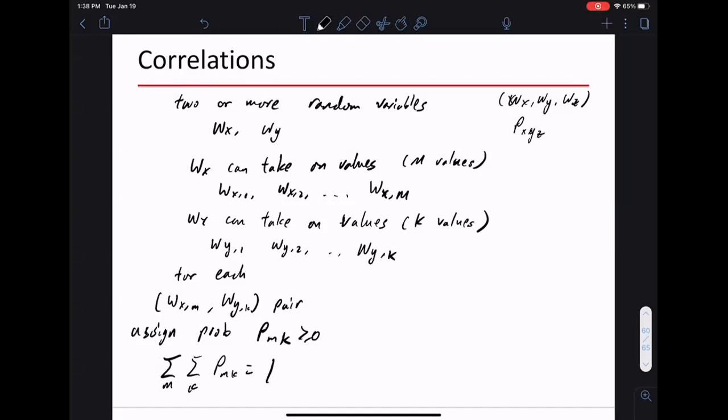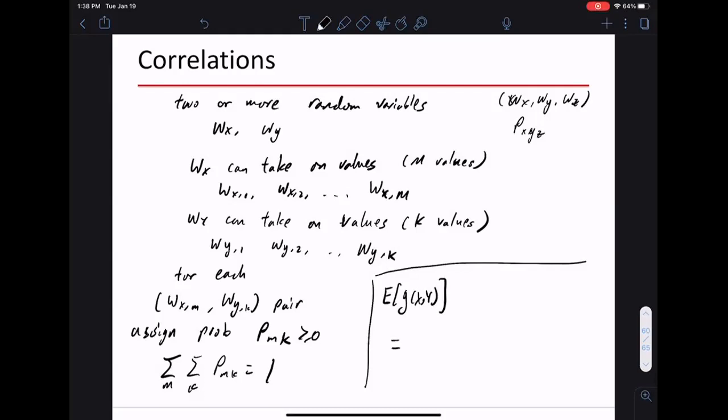All right, so we need a shorthand. Often we are too lazy to write out these kinds of sums, especially when we have more than 2. So let me introduce a shorthand. We often write the expectation of some function g of Wx, Wy. We write this because we're lazy to write out the full formula.